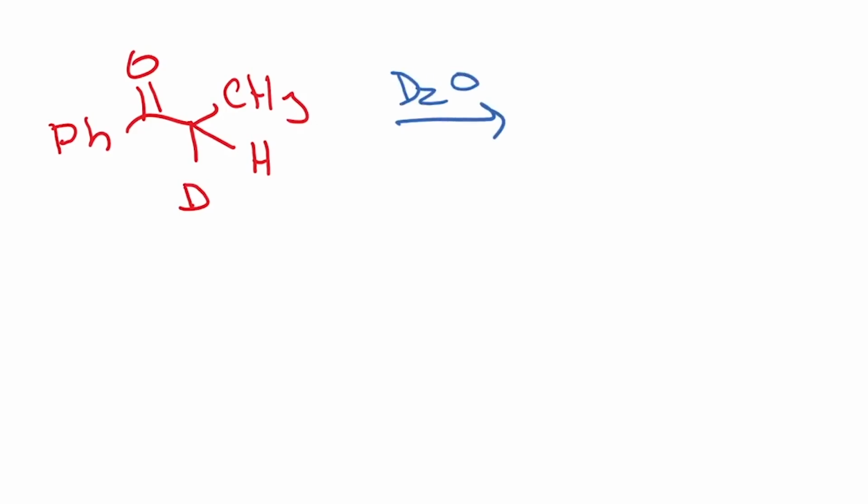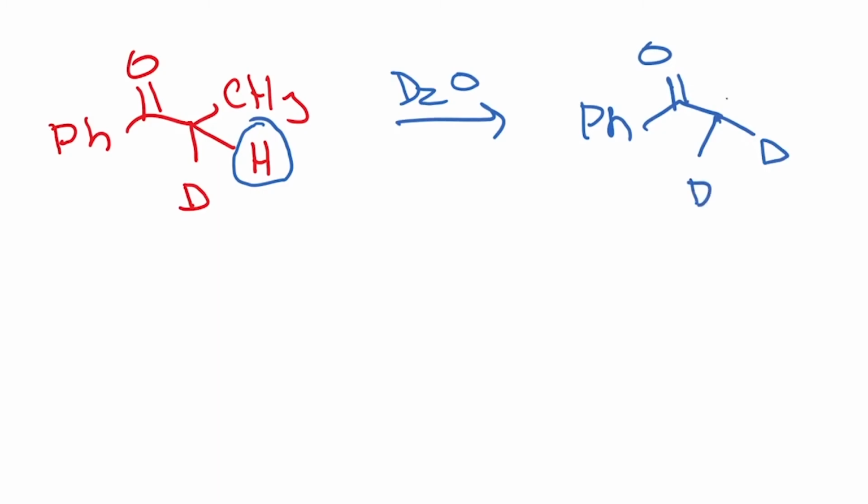Okay, now what we observe is that this signal due to this hydrogen gradually disappears and you would end up producing the di-deuterated compound. Okay, and this is something that is very interesting. So you will get this compound.